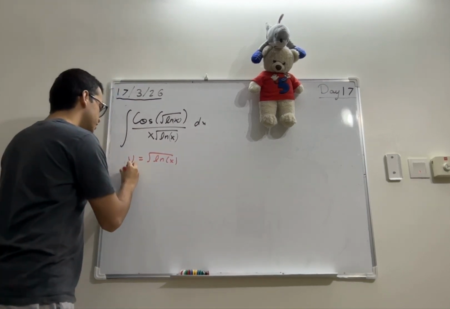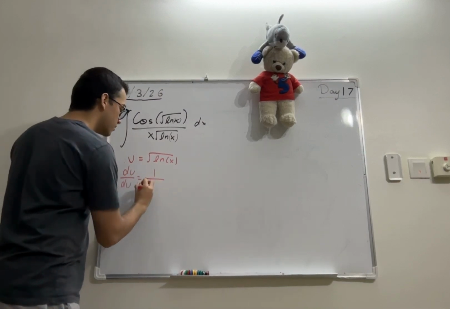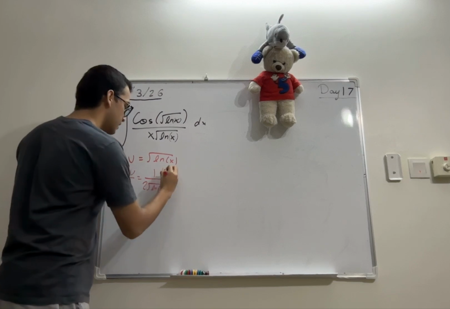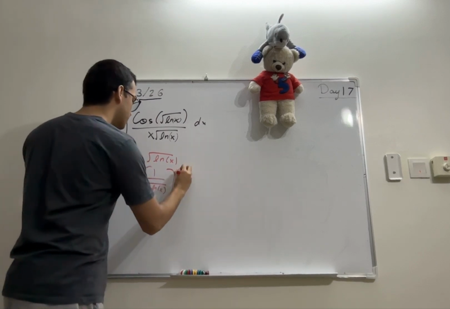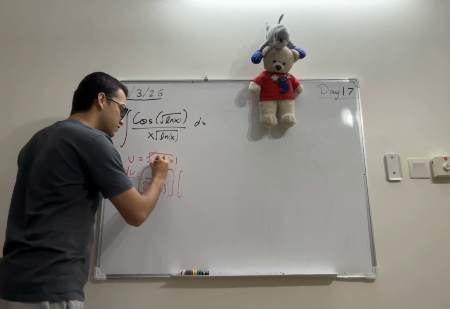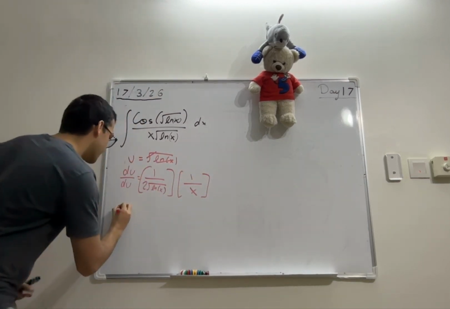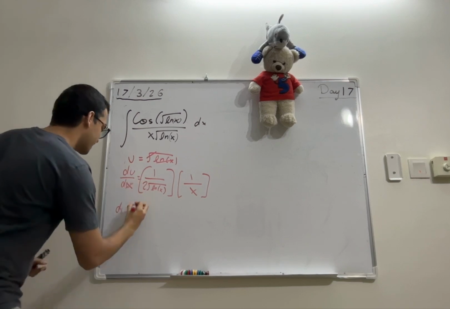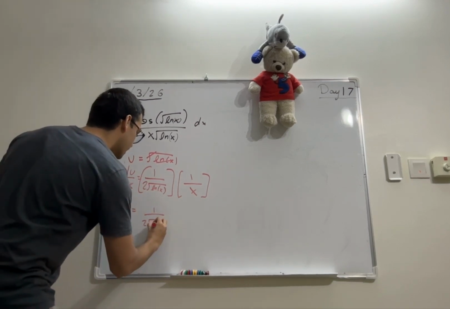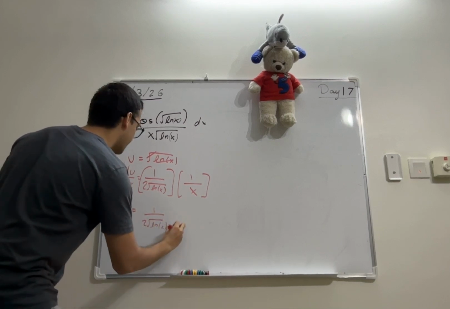Now if you differentiate it with respect to x, you would get du by dx is equal to 1 by 2 root ln x, this whole thing multiplied by, so it's chain rule, you differentiate this function, then you differentiate this function by 1 by x. So you would get du is equal to 1 by 2 root ln x into x.